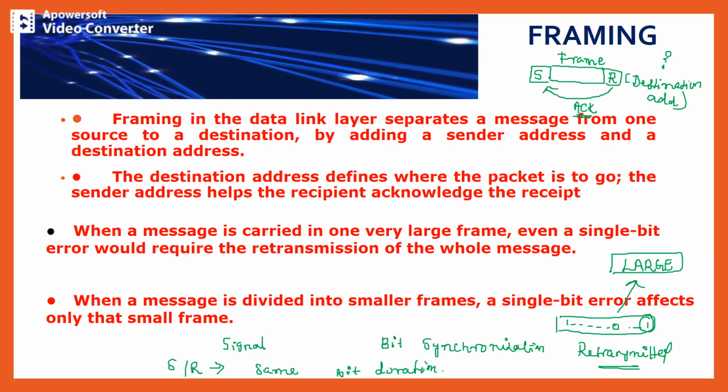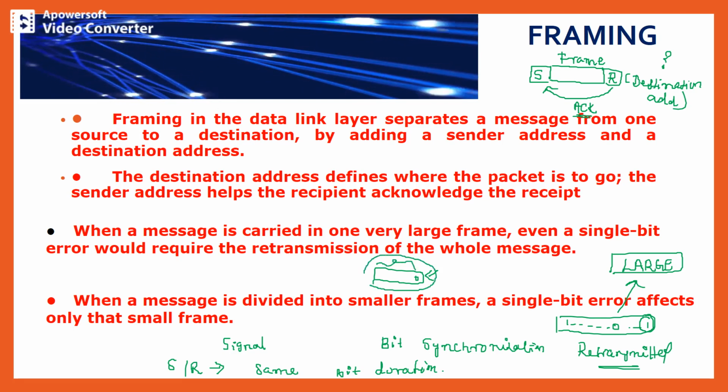We can maintain the size of the frame small so that if a single bit error occurs, we can retransmit just that small frame. That means when a message is divided into smaller frames, a single bit error affects only that small frame, and the destination node can request the sender node to retransmit the same frame again.